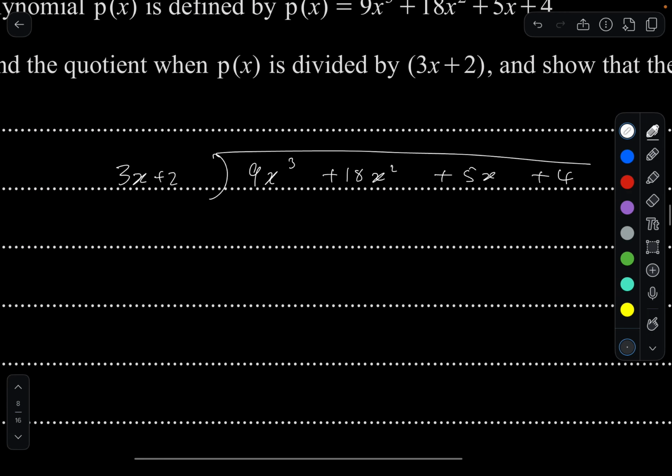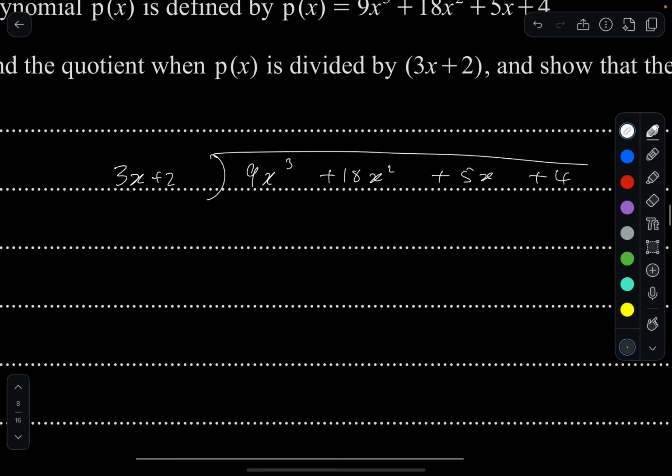Fortunately, I don't have a calculator, so I'm going to try to do it as best as I can. I'm just going to find a factor that when I multiply with this number, it gives me that number, right? So that will be 3x to the power of 2.